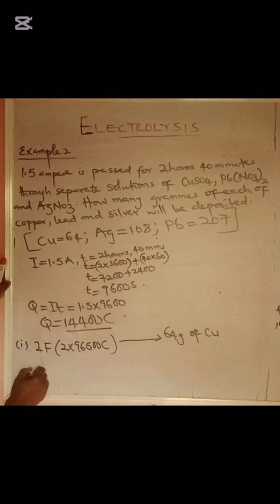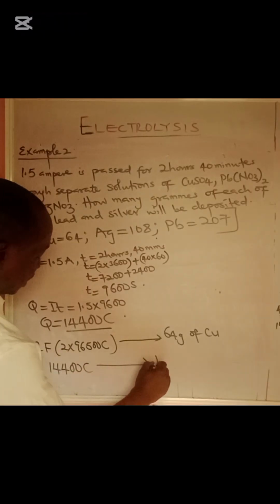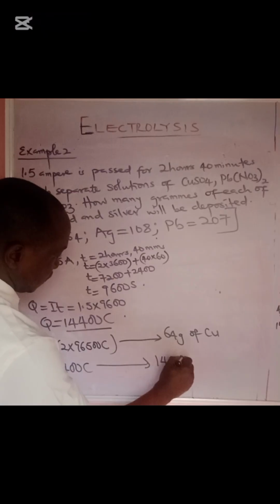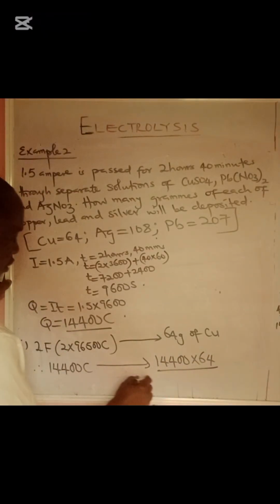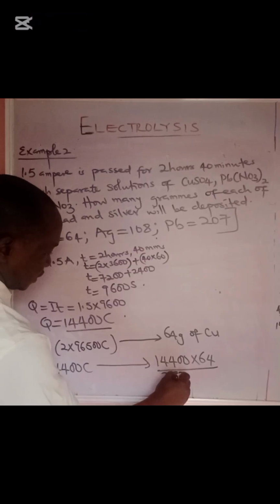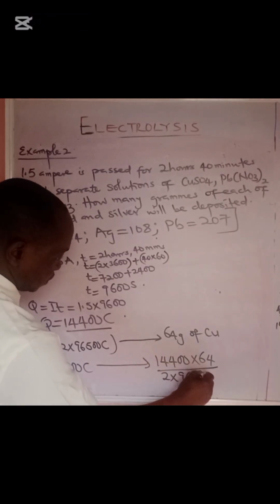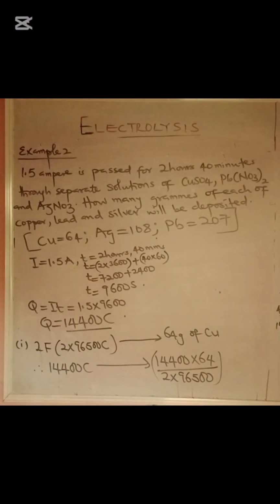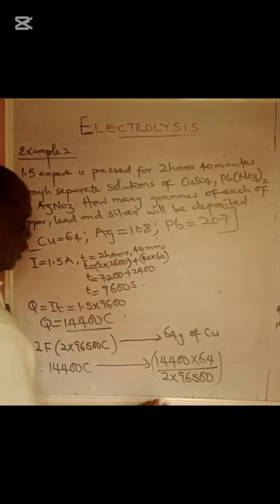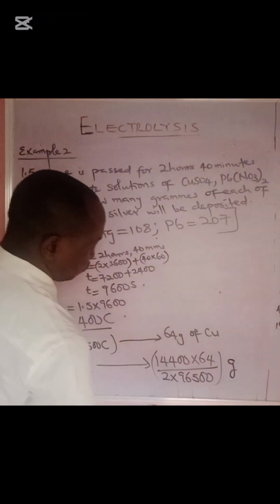So therefore, for 14400 coulomb, it will be 14400 times 64, everything divided by 2 times 96500. That is in gram.